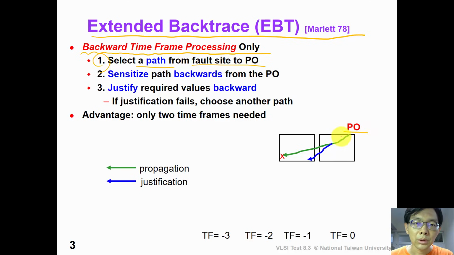For example, this green path is supposed to be our chosen propagation path. And then, in the second step, we sensitize the path backward from the PO, and we justify the required values in a backward direction. No forward propagation is needed.